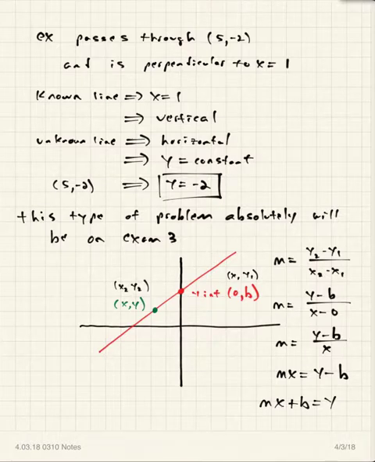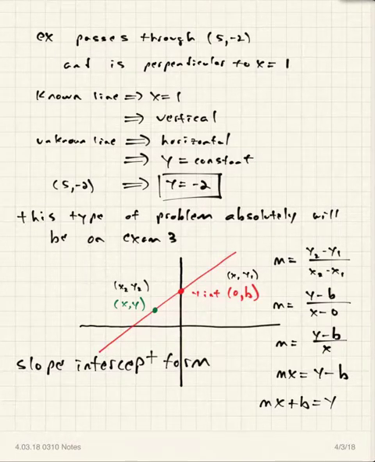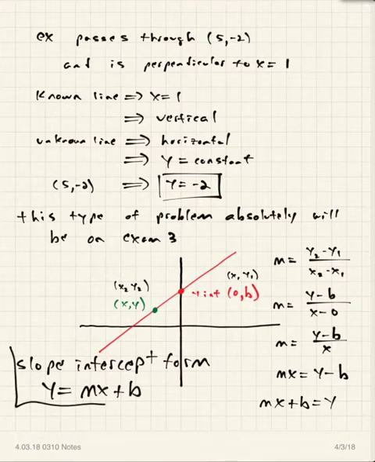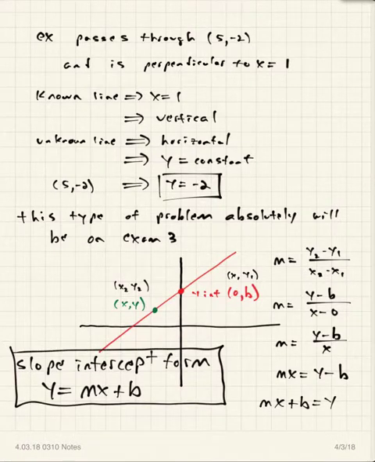Now it's written backwards from the way it usually is, but what we've just done is derive from a picture what we usually call the slope-intercept form of a line. The slope-intercept form is y equals mx plus b. Very important. Probably one of the single most important things you need to know about lines is the slope-intercept form.